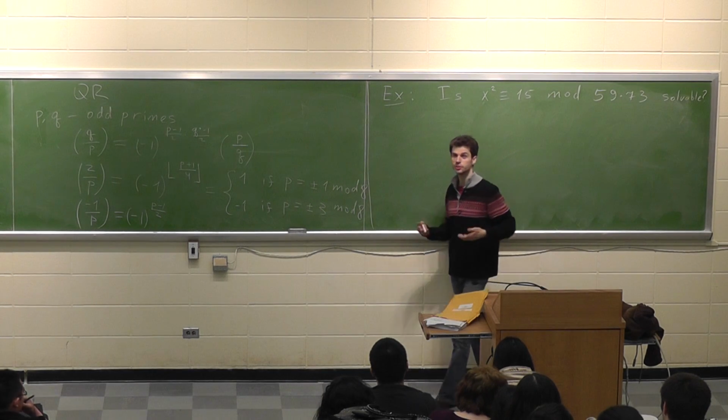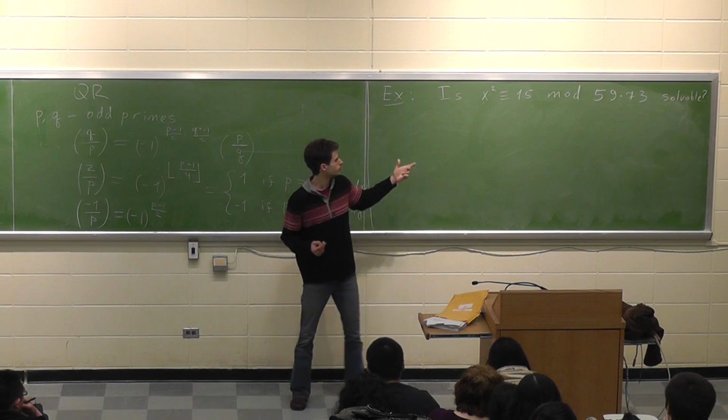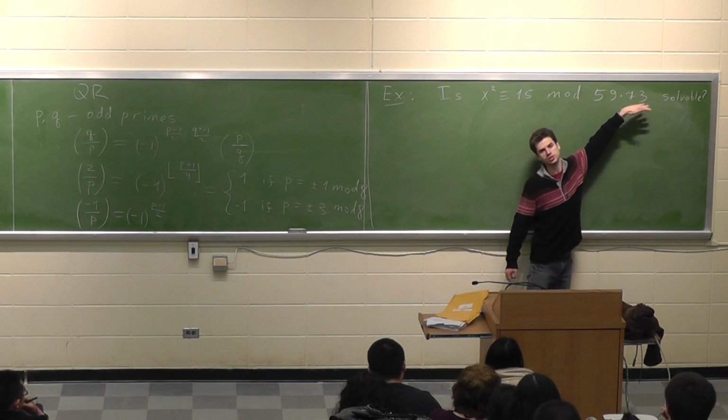But we can apply the Chinese remainder theorem. This equation is solvable if and only if it is solvable modulo 59 and modulo 73.